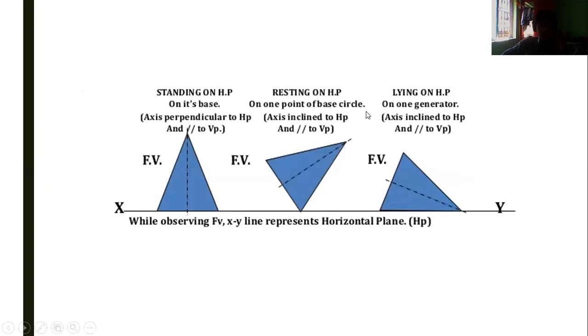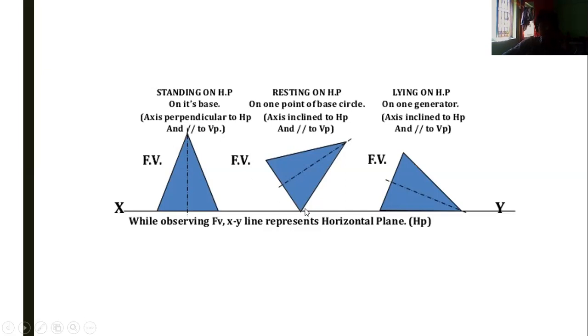Now in different views, because this is a different position of the solid, you will find the xy plane represents the horizontal plane, where a cone is placed. In the front view, I am showing the cone as a triangle standing on the HP.